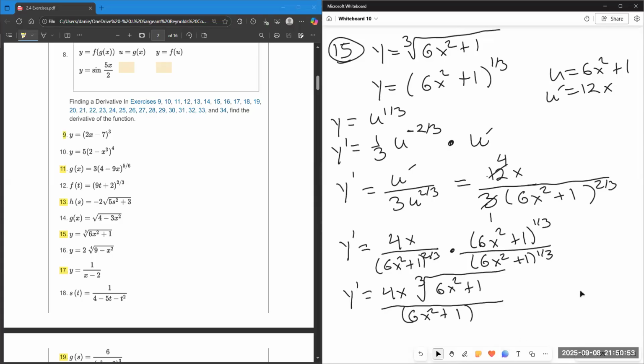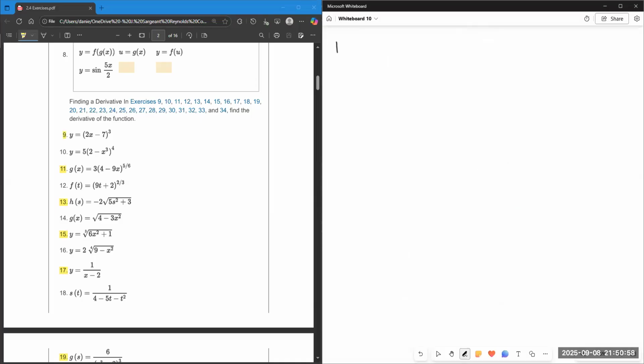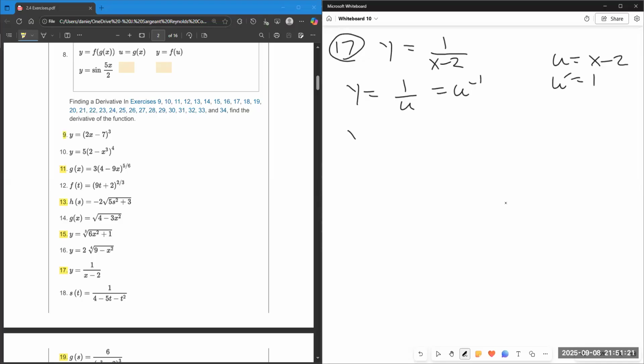Let's look at number 17. 17 is y equals 1 over x minus 2, with u being my denominator of x minus 2. y is equal to 1 over u, or u to the negative first power. u prime is 1. y prime is negative u to the negative second times u prime.